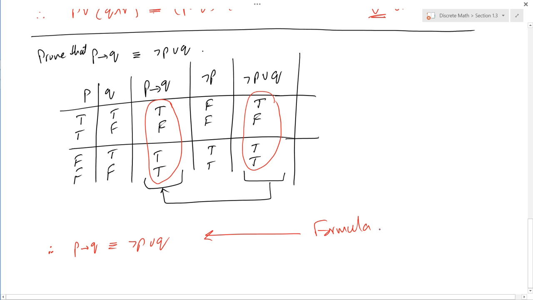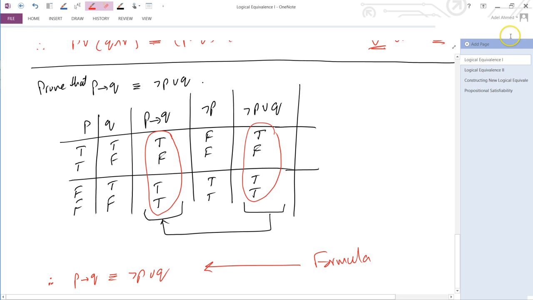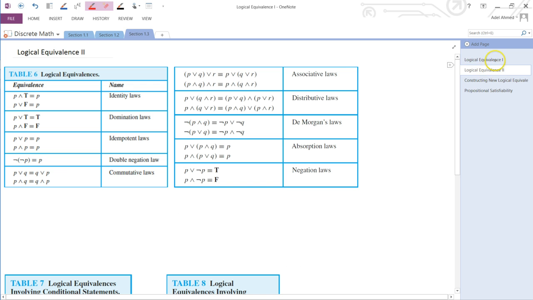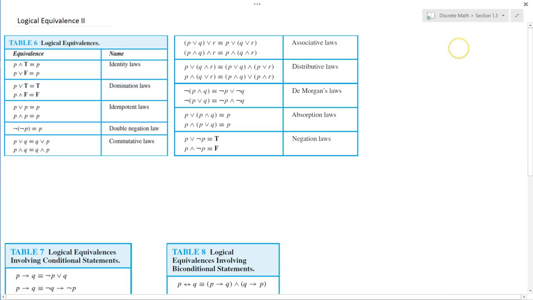Speaking of formula bags, let me show you the textbook has made a table of the most common formulas that are used in logical reasoning. Table 6 over here shows the logical equivalences, or several equivalences with their names.